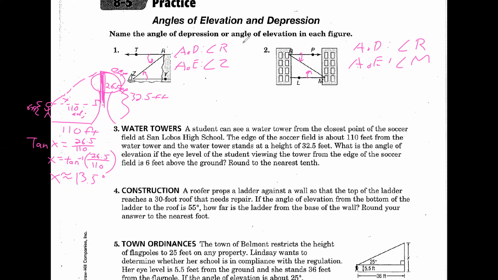Number 4. Again, do they give you a diagram? No, no diagram. So draw one. Here's my building. Building, there's a roof, and there's a ladder.